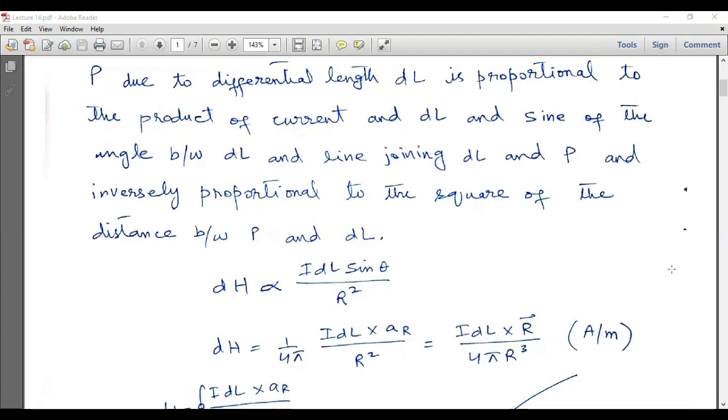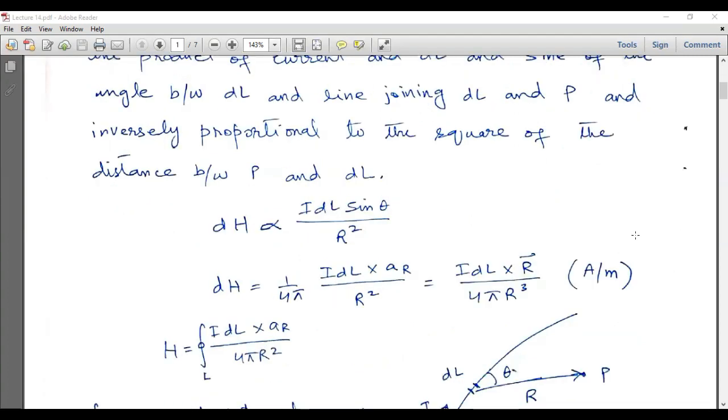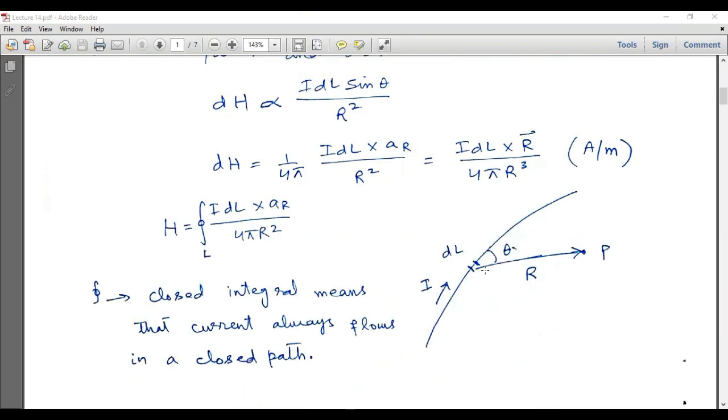So this law is similar to Coulomb's law in electrostatics. According to Biot-Savart's law, you can see in this figure the magnetic field intensity at this point P is proportional to the product of the magnitude of current, length of this differential element, and sine of this angle. This is the angle between dl and this position vector r.